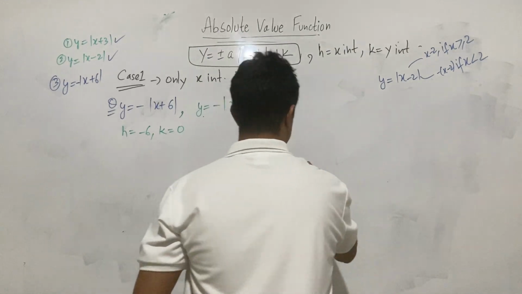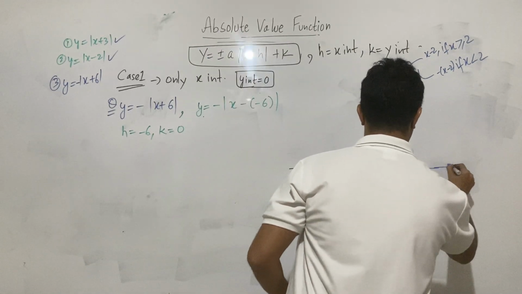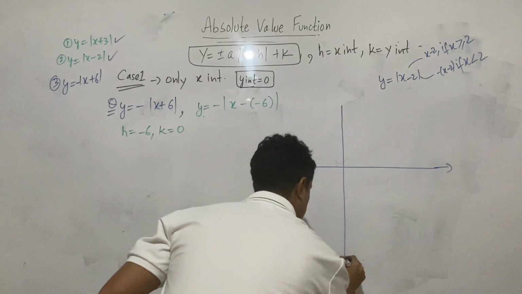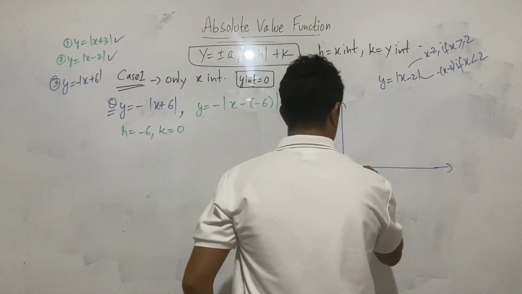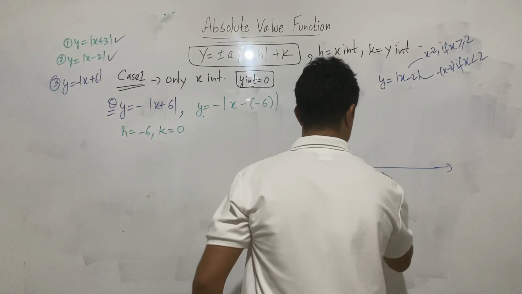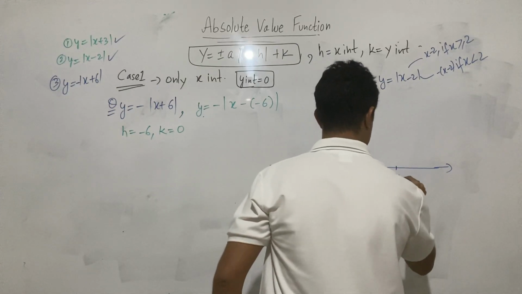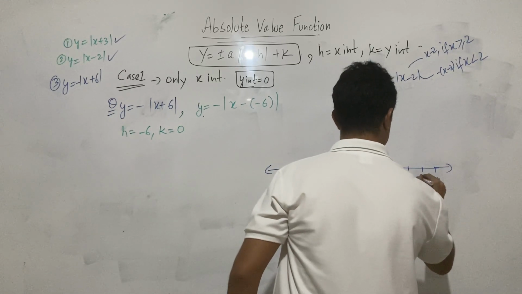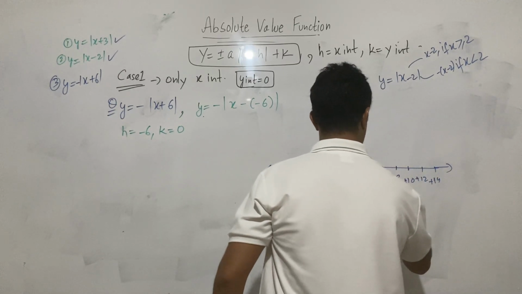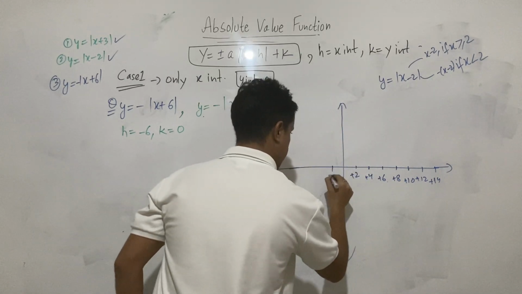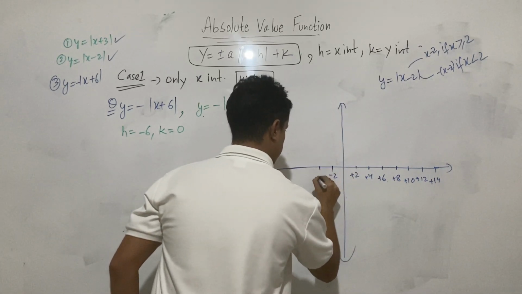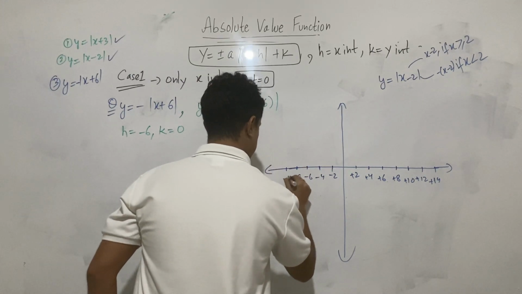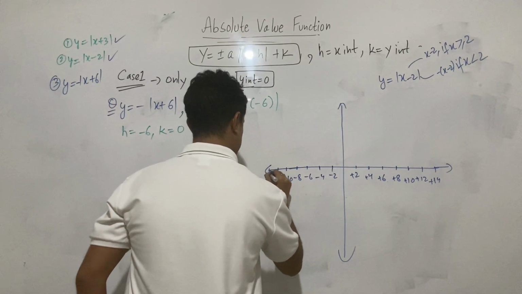Let's draw the graph. This is the xy plane: 2, 4, 6, 8, 10, 12, 14, all positive values. This side, negative 2, negative 4, negative 6, negative 8, negative 10, negative 12, negative 14.